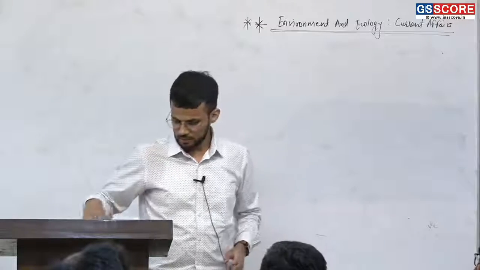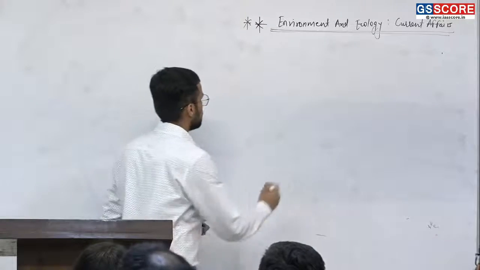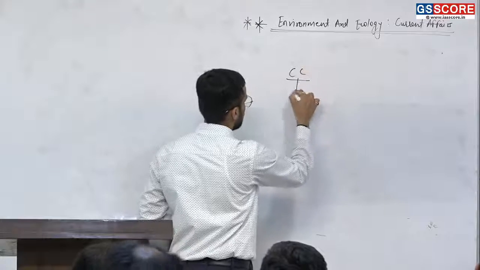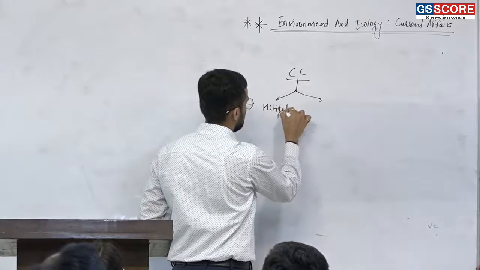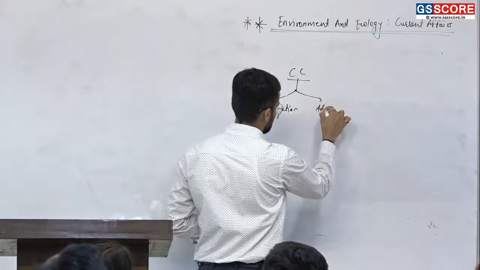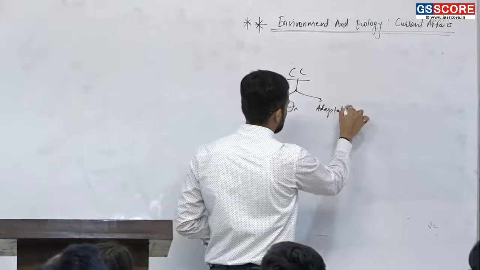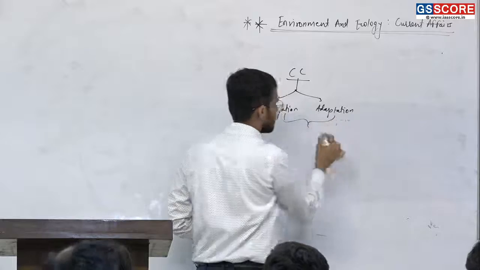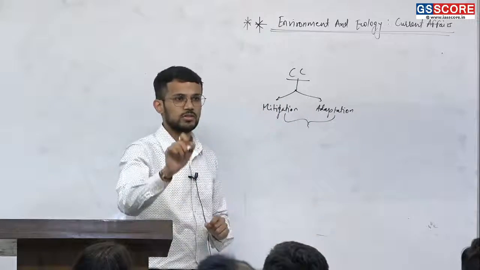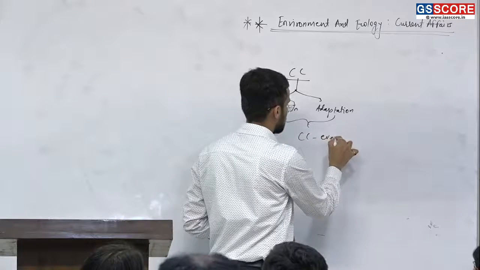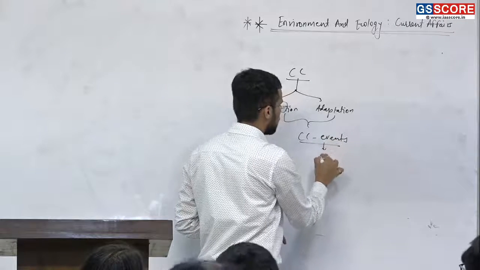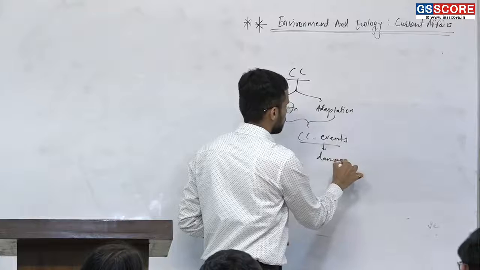That means, see, when we talk about climate change, there are two solutions as we have already discussed: mitigation and adaptation. But despite these efforts, there will be climate change events, right? Despite efforts, there will be climate change events, and because of them, there will be damage.